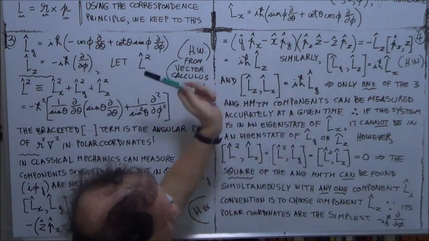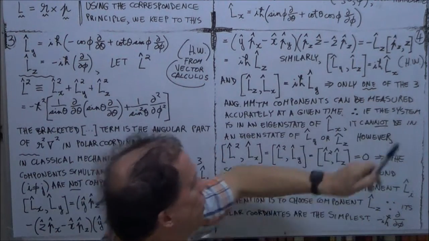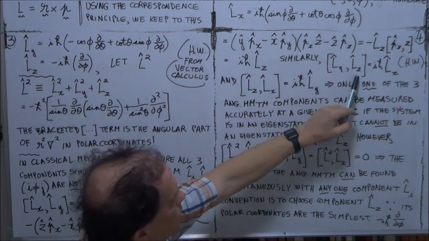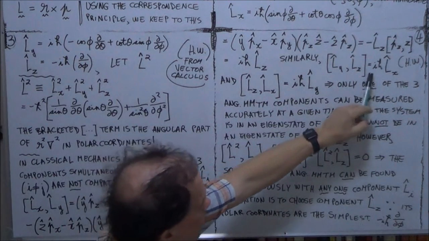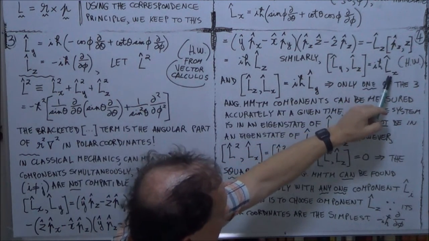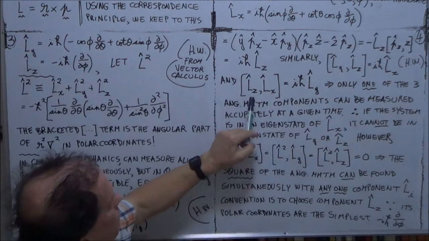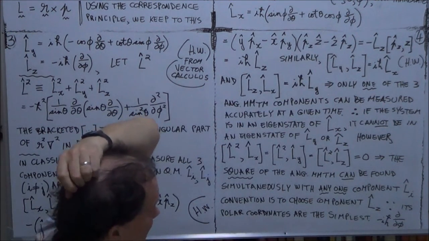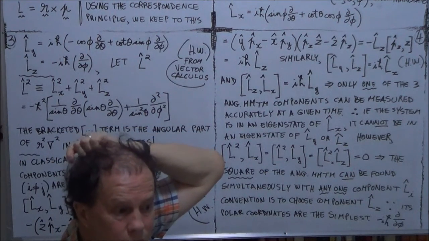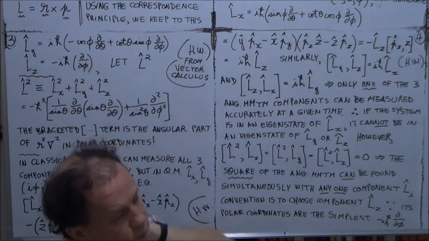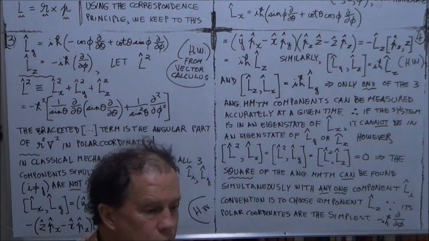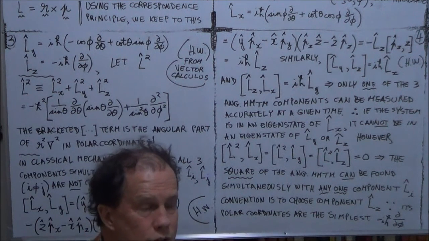Now, you can go through the same calculations, again, homework, for Ly Lz, and you'll get the answer IH bar Lx, and similarly for Lz Lx. In fact, there are 6, so 3P2 in terms of permutations, combinations.